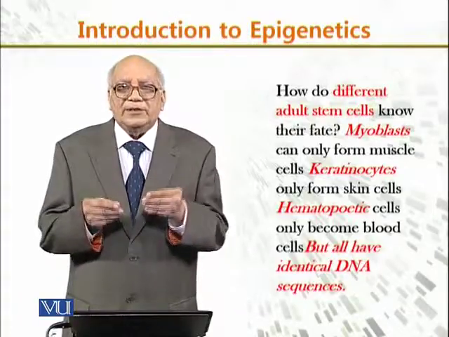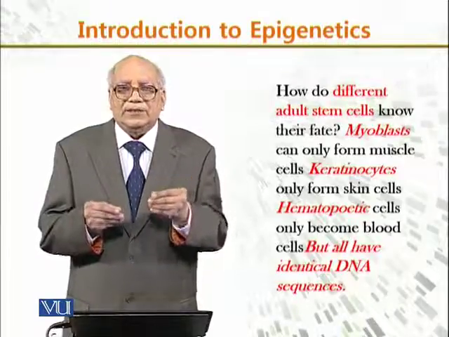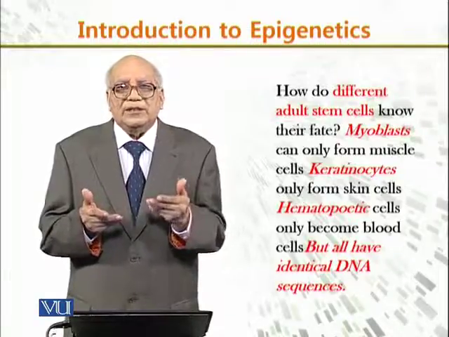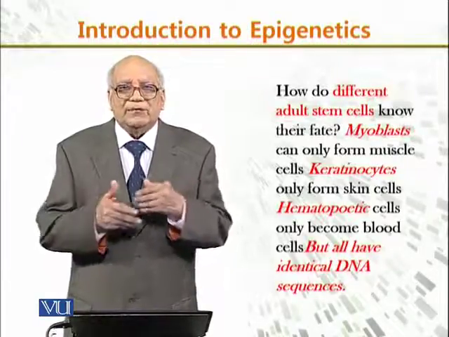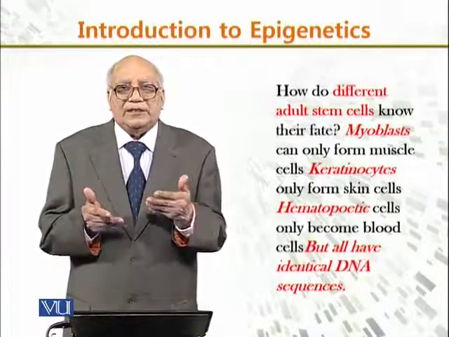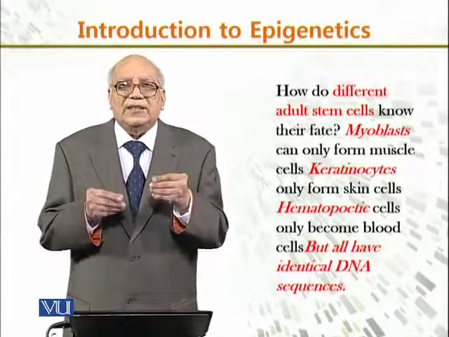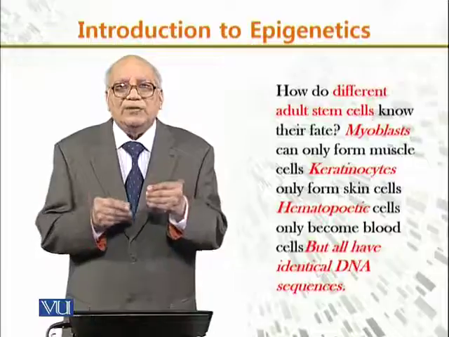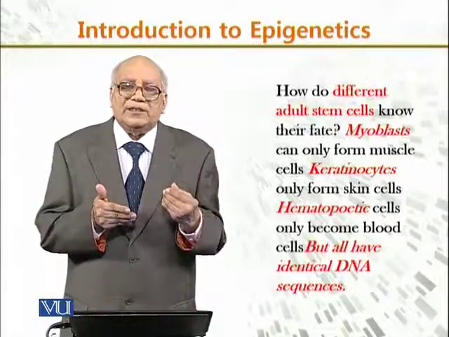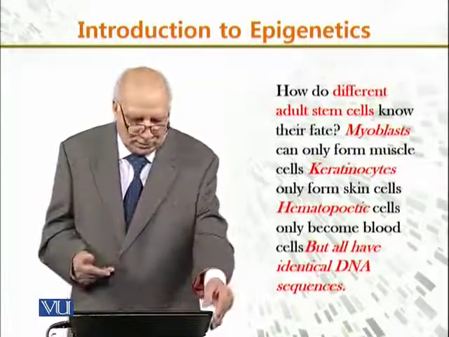And all these have, as a matter of fact, the same DNA sequence. So the DNA sequence is the same, but their fate is entirely different. The question arises: how do these cells know what their fate is, how they have to be turned into a skin cell, a muscle cell, the heart, eyes, and so on?